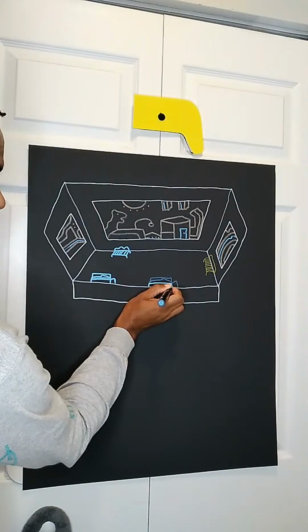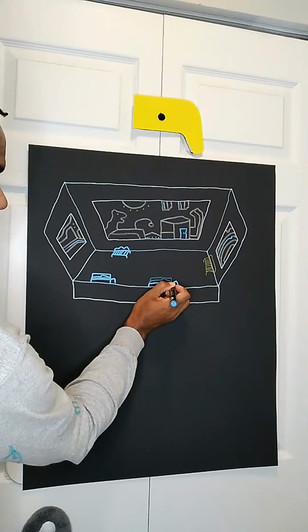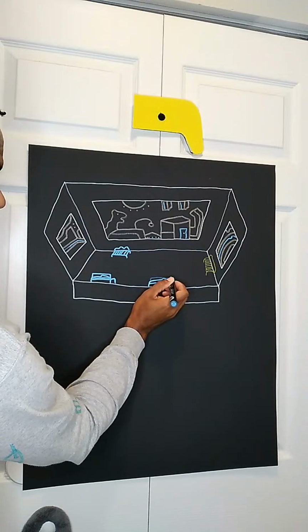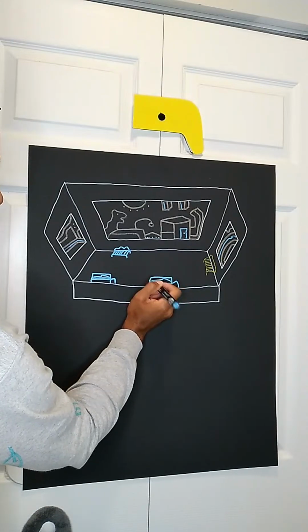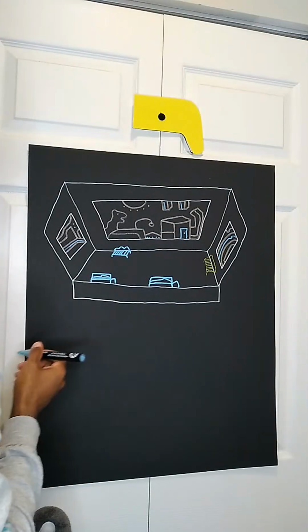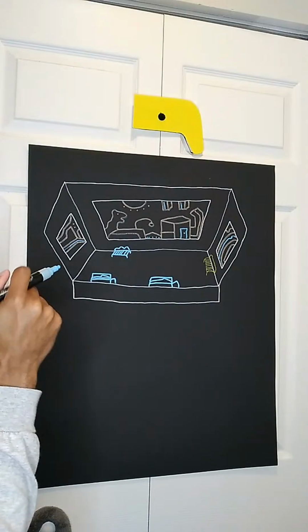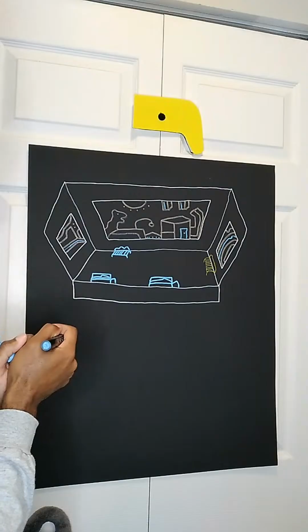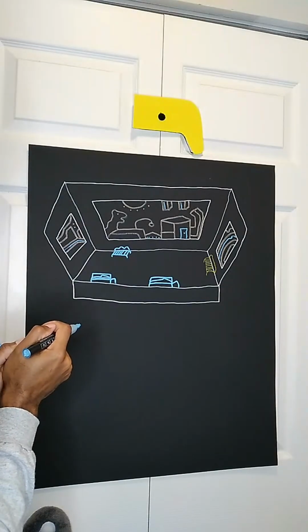If we run, it'll be faster. If we ride a bicycle, it'll potentially get us there faster than running. And if we drive a car, it'll get us there much quicker, maybe even half the time. So this is all potential energy.